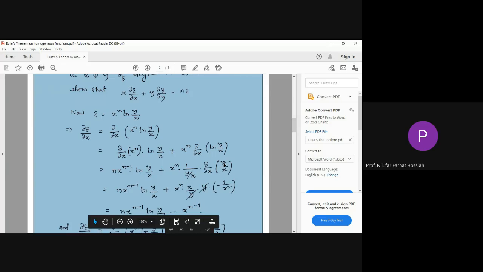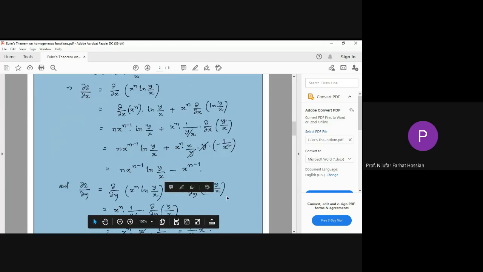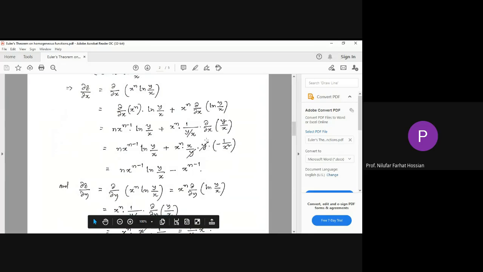Here y is a constant because it is the partial derivative with respect to x. So it will be y into del x of 1 over x, and del x of 1 over x is minus 1 by x squared. And this y comes outside. So this y and this y cancel out. So you are getting n into x to the power n minus 1 into ln of y by x.